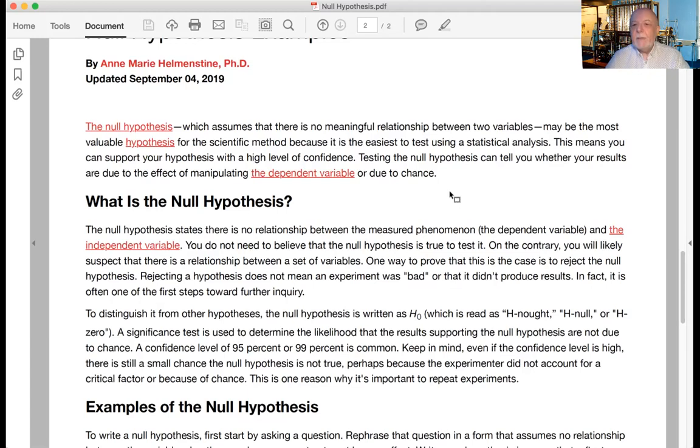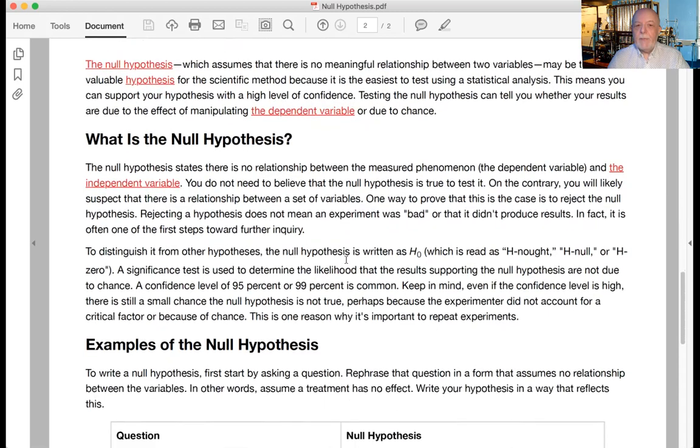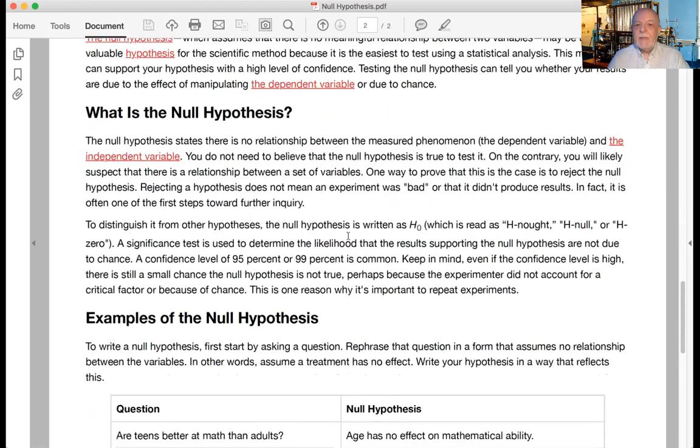Testing the null hypothesis can tell you whether your result is due to manipulation of the dependent variable or just due to chance or is random. Okay, so what is a null hypothesis? The null hypothesis states there is no relationship between the measured phenomenon, the dependent variable, and the independent variable.